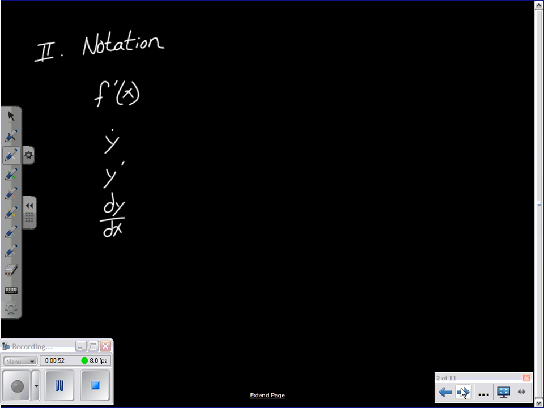So there's some notation that you're going to become more familiar with, and this is derivative notation. So the first one here, you'll see f, and it has a little apostrophe, and then your parentheses and x. So we say this f prime of x. So it's similar to the function f of x, except it's the function's derivative, f prime.